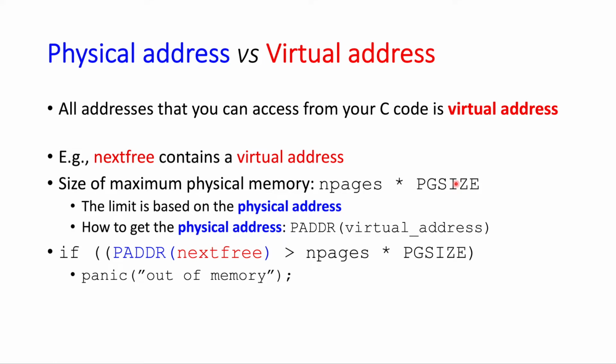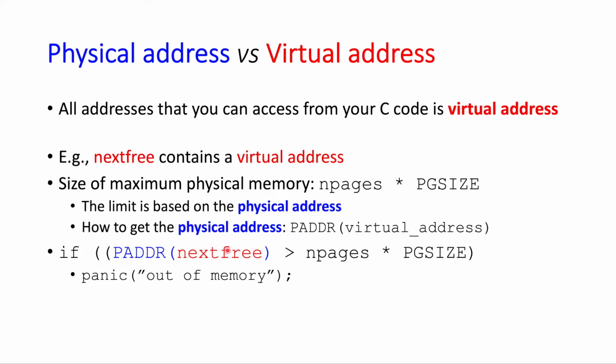Then we want to compare this limit with the variable next_free, but the problem is that next_free contains a virtual address, while this size of the physical memory is just a physical address. So to compare the virtual address variable with the physical value, we need to translate this virtual address to a physical address.